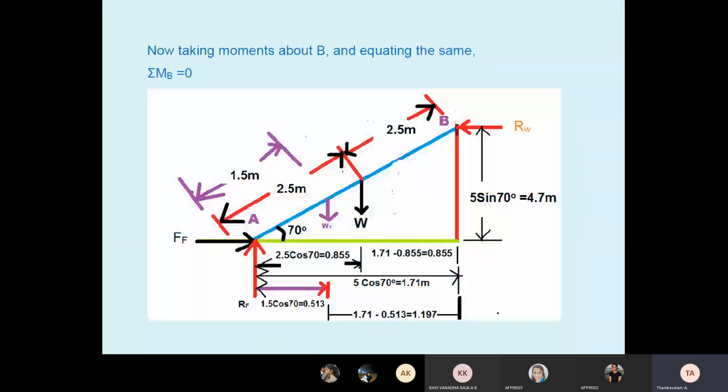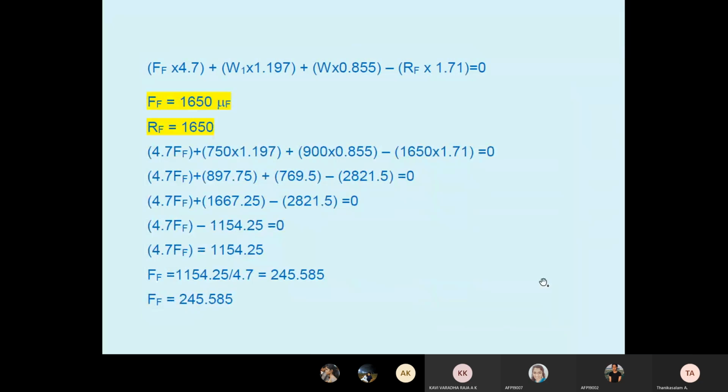See FF here, we project along AC. Therefore FF into 4.7 plus, then clockwise RF into 1.71, the total horizontal distance with respect to B. So clockwise, take as minus, anti-clockwise plus, because it equals 0. There is no mistake.